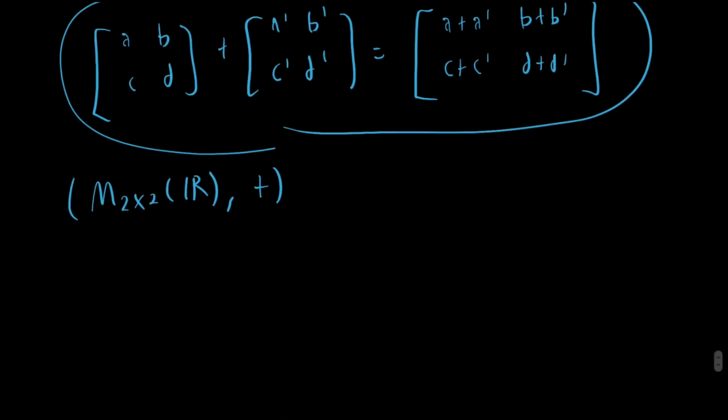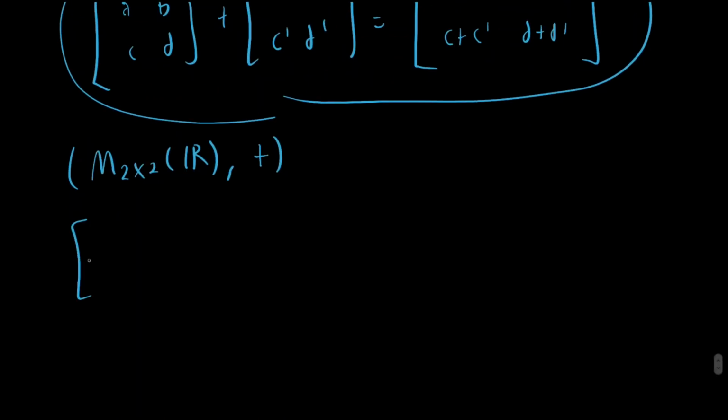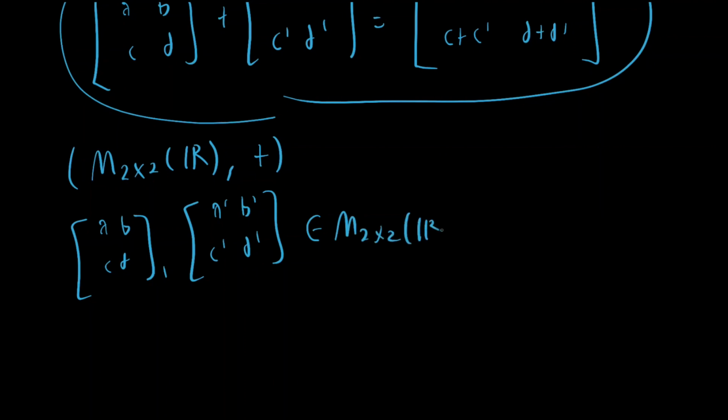We will check again, associativity and commutativity follow immediately from real associativity. Well, why? Because if we have two matrices, imagine A, B, C, D, and then A prime, B prime, C prime, D prime in M 2 by 2 R, let's call these M1 and M2 for shorthand notation. M1 plus M2 will be equal to this.